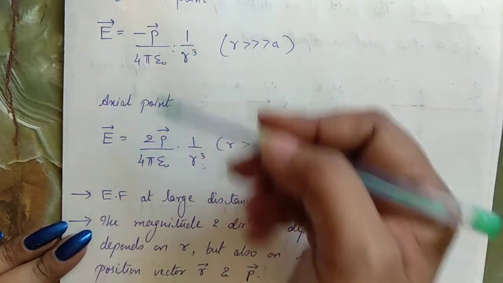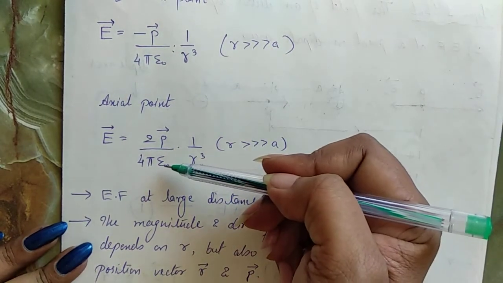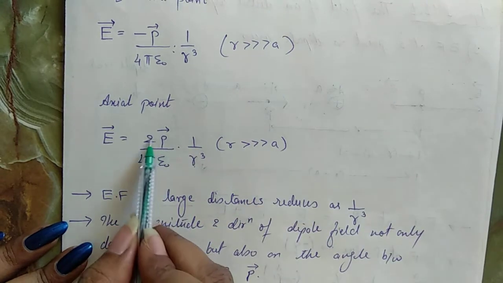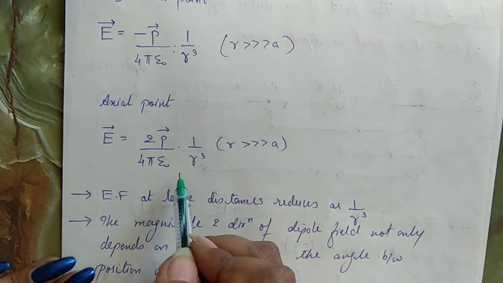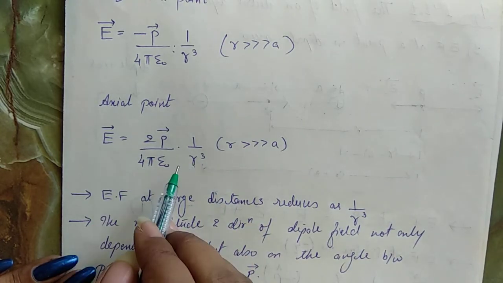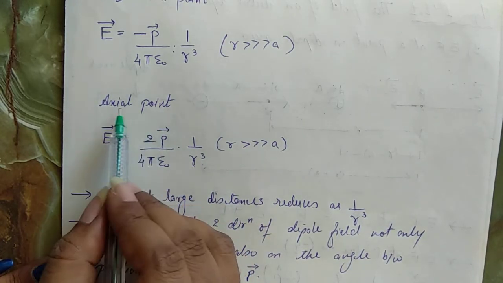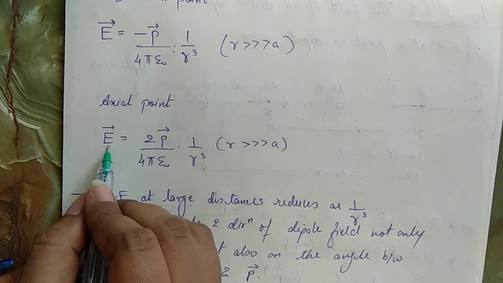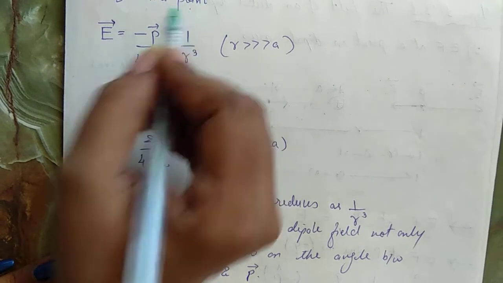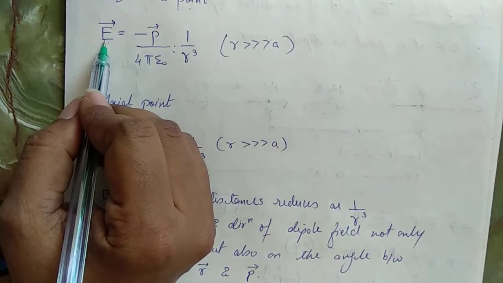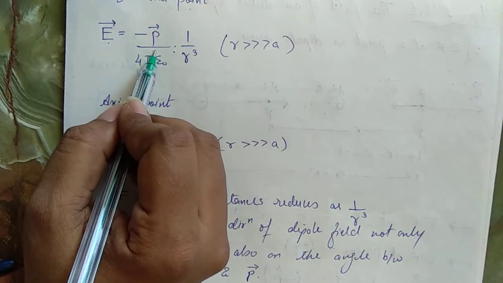If you compare these two equations, then we can see that the field on the axis is double the field on the equator, as well as just see the direction of the electric field. At a point on axis, the direction of electric field is along the direction of the dipole, whereas on equatorial point, the electric field is opposite to the direction of the dipole.